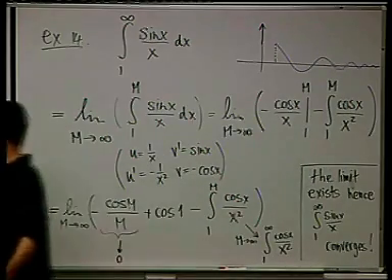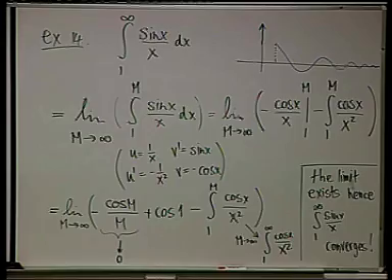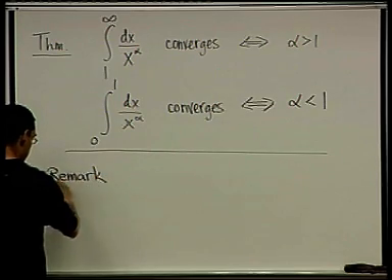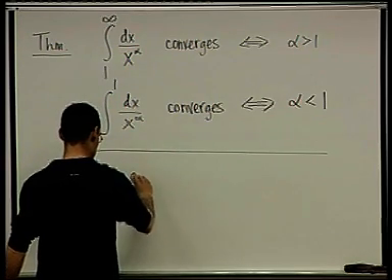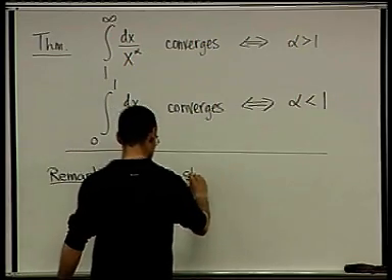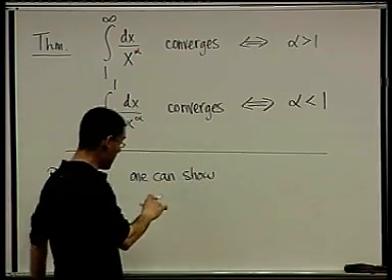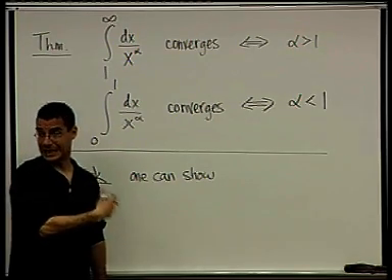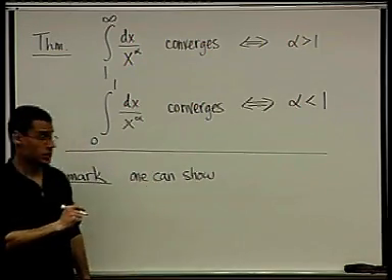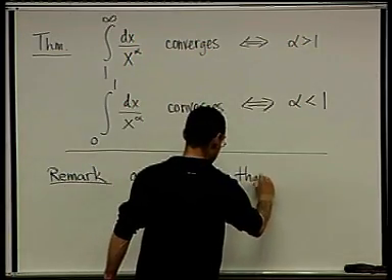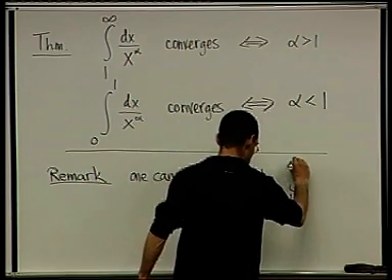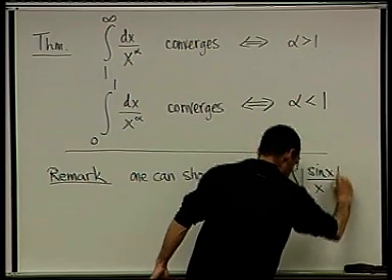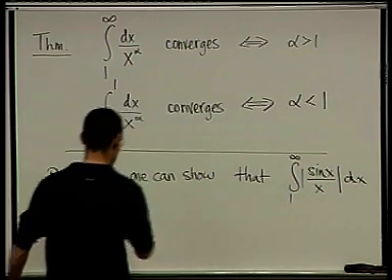And let me add here just a final remark. One can show, and it's not completely straightforward, but if somebody's interested, I will give you the guidelines of how to show it. It's a bit of calculations like this, that the integral from 1 to infinity of sine x over x in absolute value diverges.